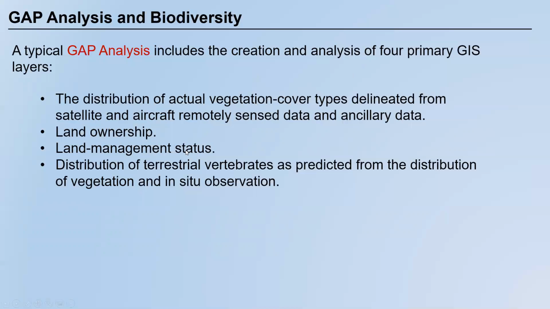Land management status, the current management status of land. These 2 layers have nothing to do with vegetation research. But like I said, sometimes when you are talking about vegetation research, it's about ecology. It is about the conflict between human beings and vegetation and natural lands. So the first layer is about vegetation distribution.